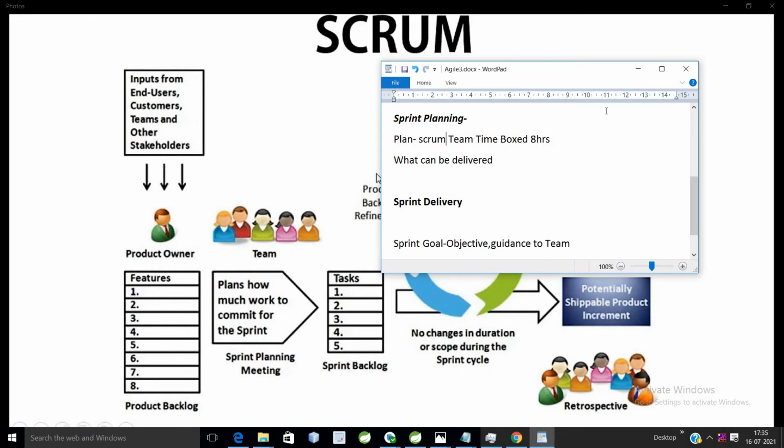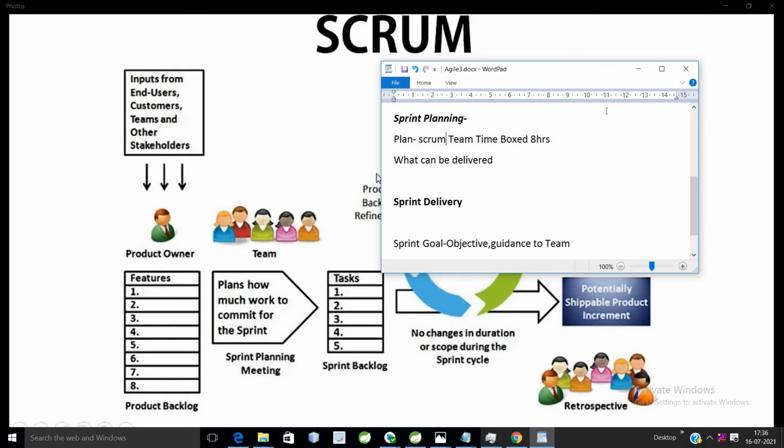Majorly we can consider 8 hours of work daily and complete it within 2 weeks or 4 weeks. Accordingly we plan our product backlog and take items into the sprint backlog. That much work we can complete comes under sprint planning. In it we decide what we can deliver in a limited period of time.